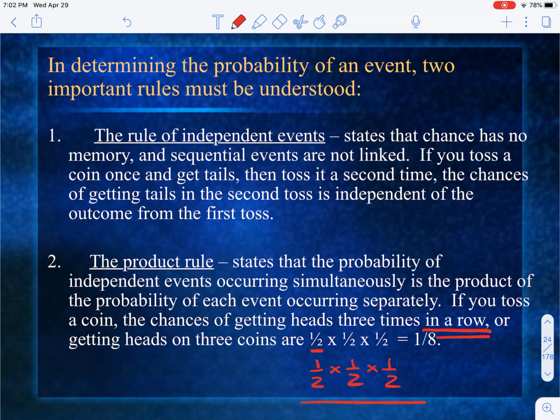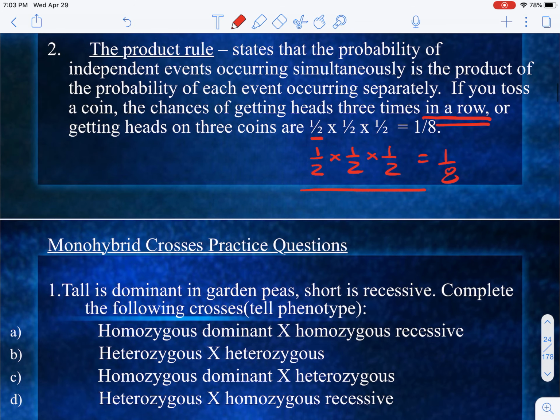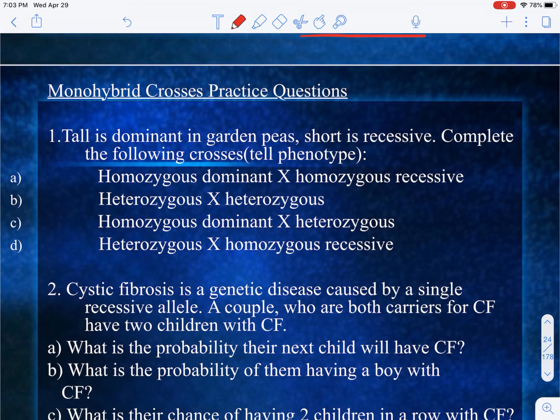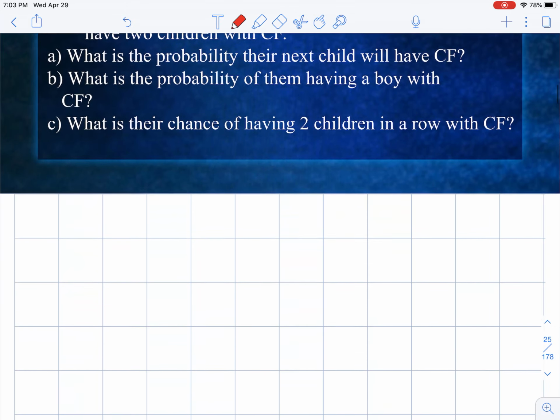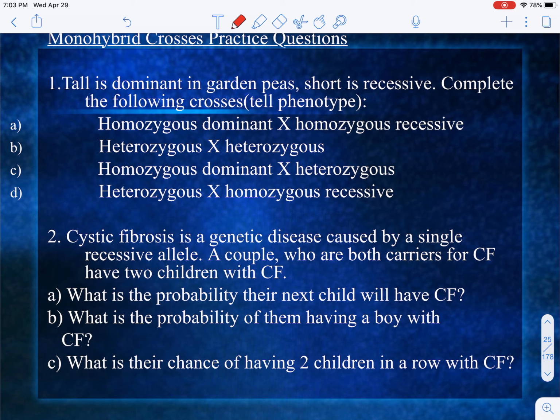So when they say "in a row," you just multiply your chances that many times. If they say 3 times, you can multiply this and say it's a 1/8 chance that I would get heads from a coin toss 3 times in a row. We will see examples where we do have to multiply if they ask you about that.